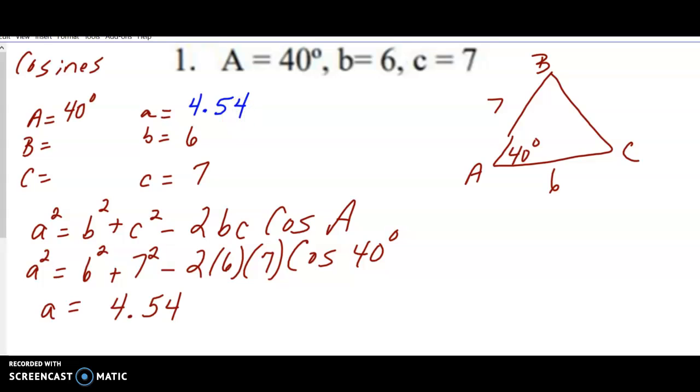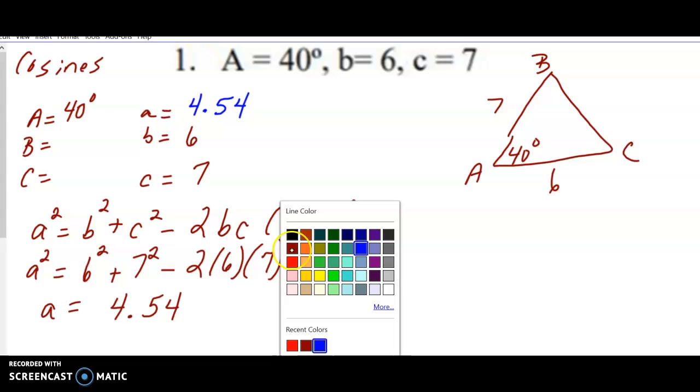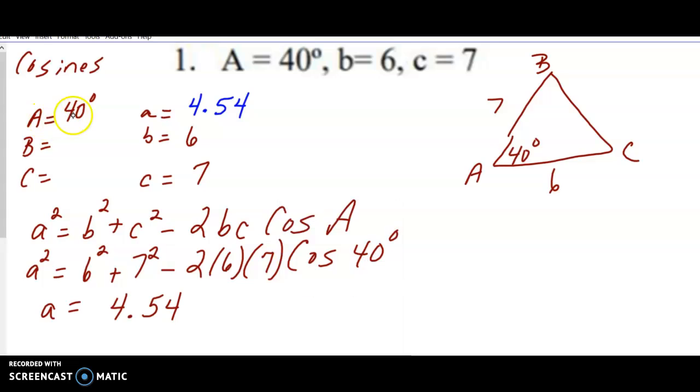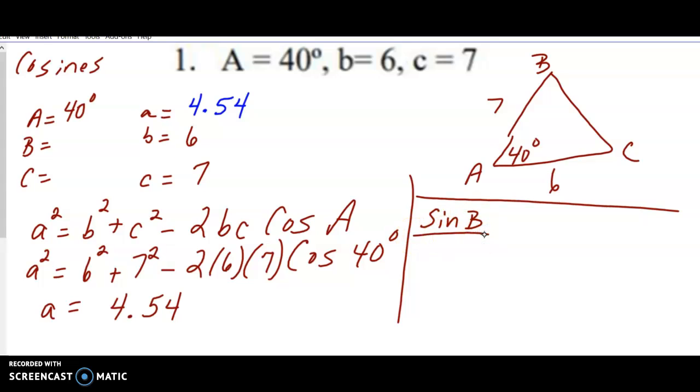So now you can actually switch over to your law of sines because now you do have an angle and its opposite side. So you can look for angle B or angle C, it doesn't really matter. So I'm going to go for angle B. So I'm going to do the sine of B over side B, which is 6, equals the sine of A, which is 40, so sine of 40 degrees, over the side that I just found, which is 4.54.